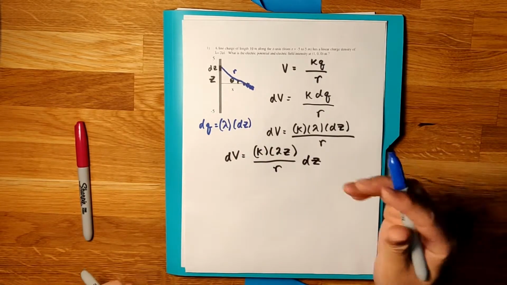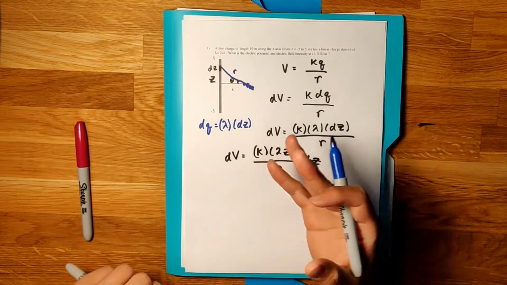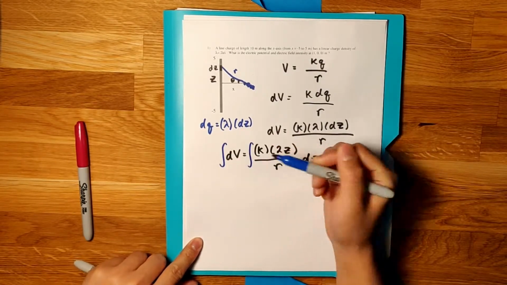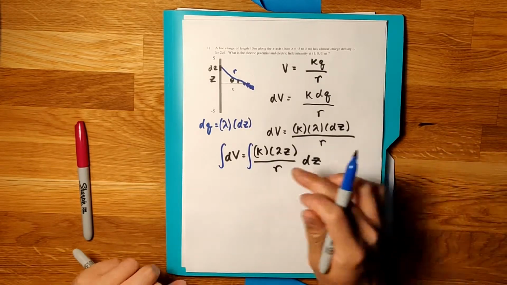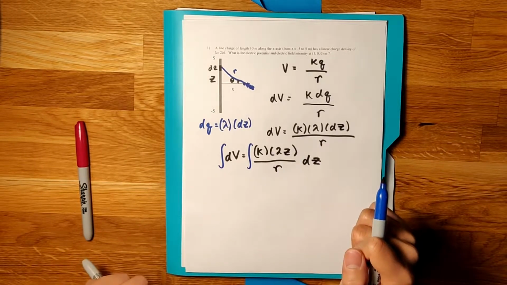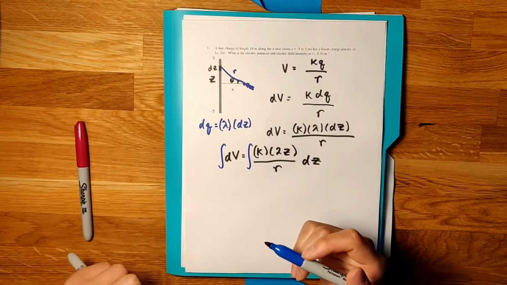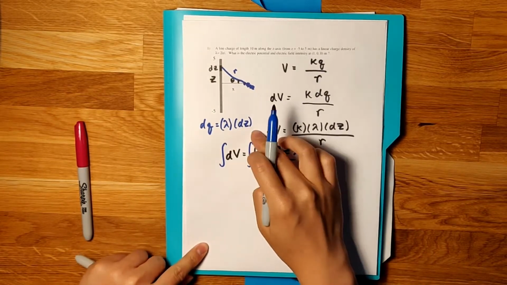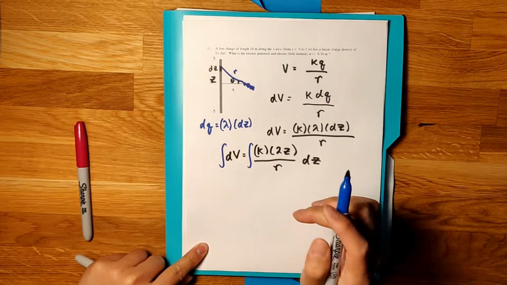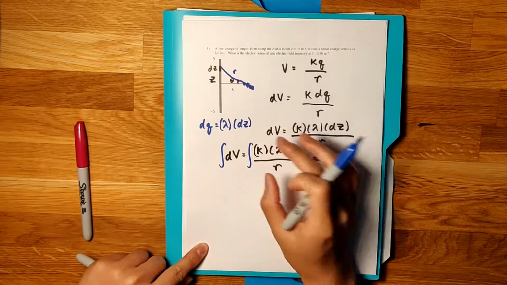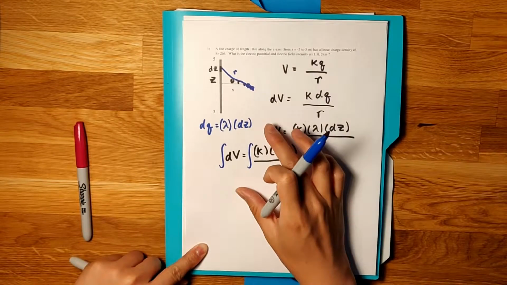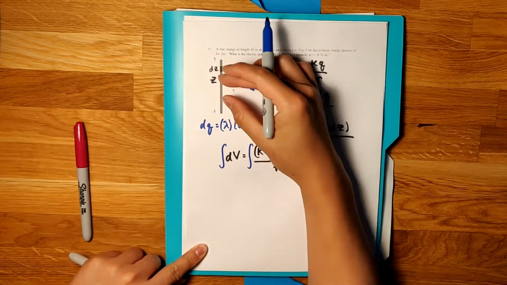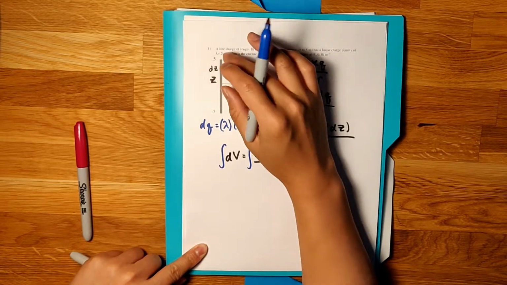So now we can just take the integral of both sides. But what are our limits of integration in this case? Well, you could either do -5 to 5, or we can also do from 0 to 5. But if you choose the 0 to 5 method, you need to multiply it by 2, to compensate for both sides, from 0 to 5 and 0 to -5.